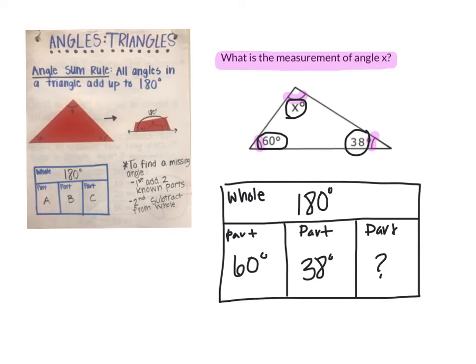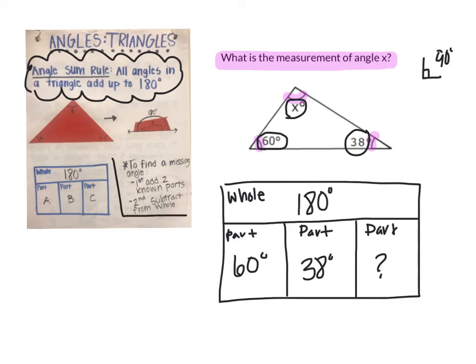Just like we know when we see this little square corner, it means 90 degrees, right? So this 180 degrees, this angle sum rule, is something that we have to have memorized to put in the whole of our part whole chart. So now we're ready to find our missing angle.